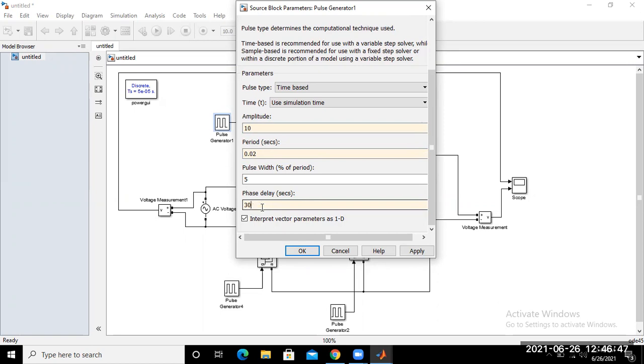It is equal to 0.083, into the period, that means 0.02. Okay, so apply and okay.